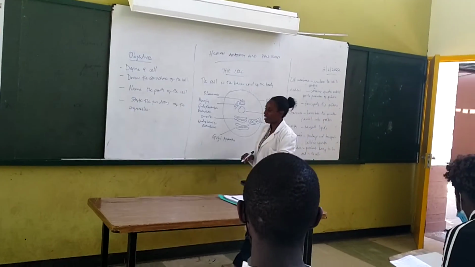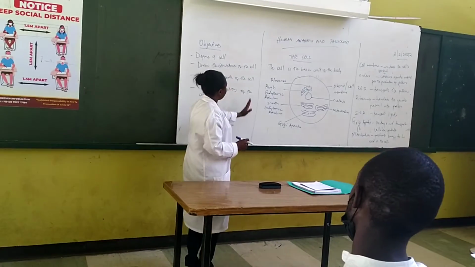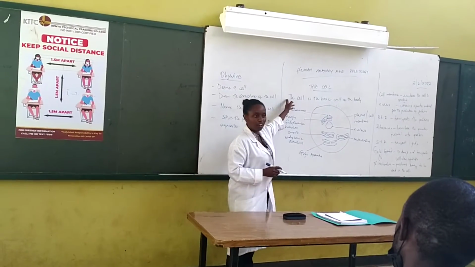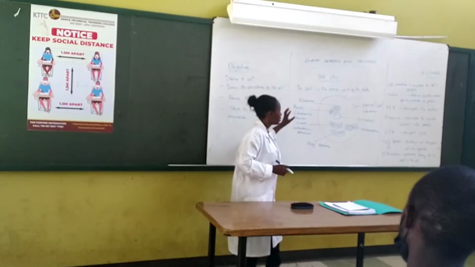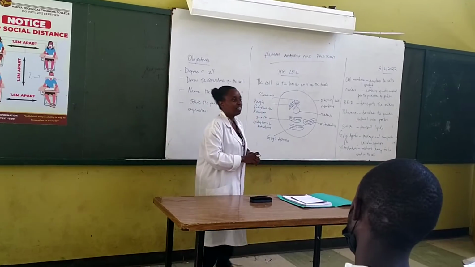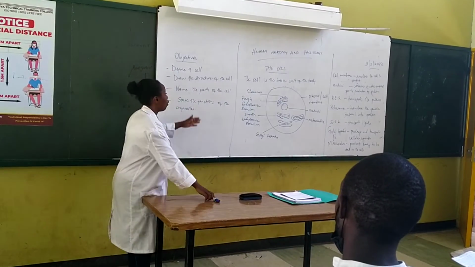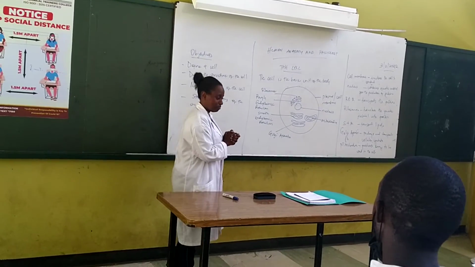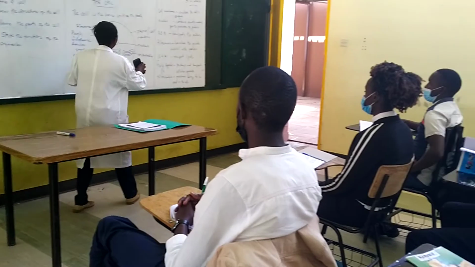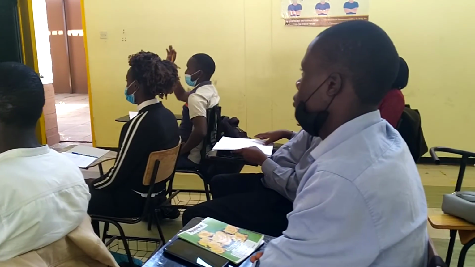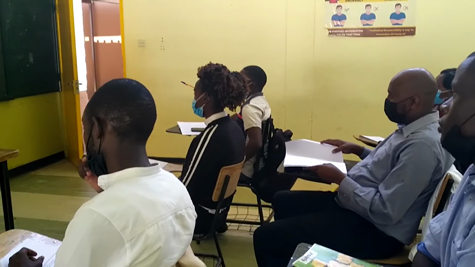Okay, so we have defined what the cell is. We have drawn the structure and labeled. We have given the functions of the organelles. Yes, please. What do you call this space within the cell?